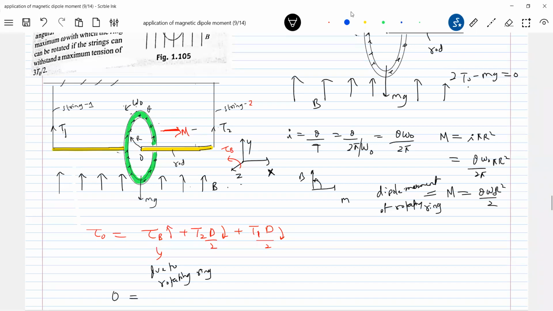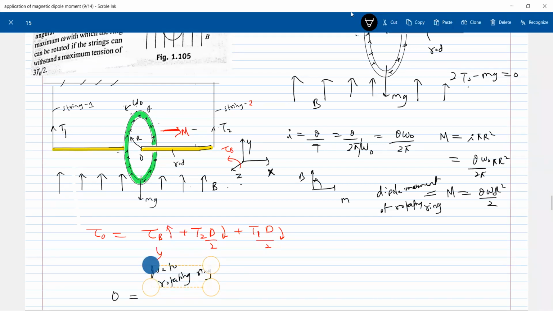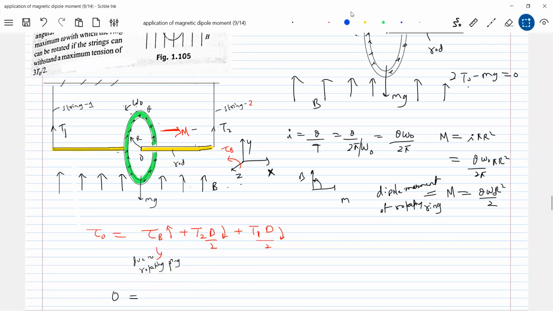Now we can check the direction of torque due to T2. Okay, check once, all that one.